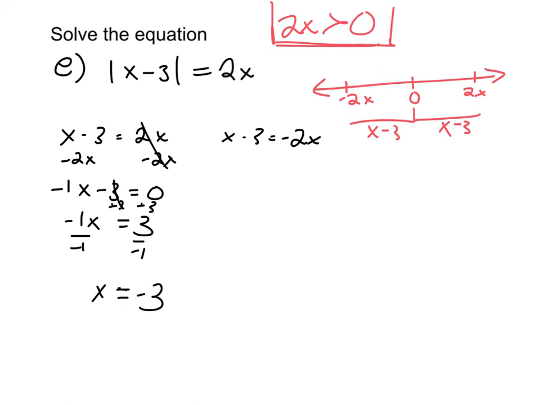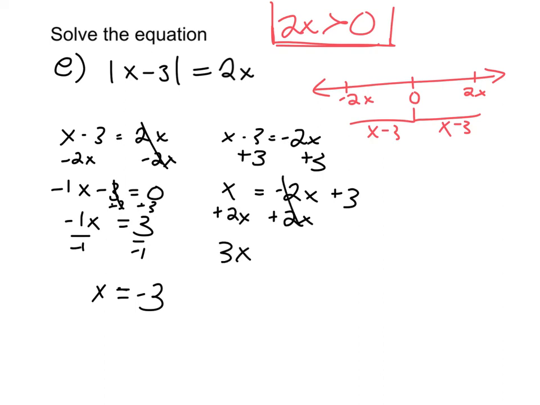Okay, now let's do the same thing for the other one. So I'm going to add 3 to both sides first. So I'll have x equals negative 2x plus 3. I'm going to add 2x to both sides. Okay, so I'll end up having 3x equals 3. Divide both sides by 3. I get x equals 1. So there's my solution, negative 3 and 1.